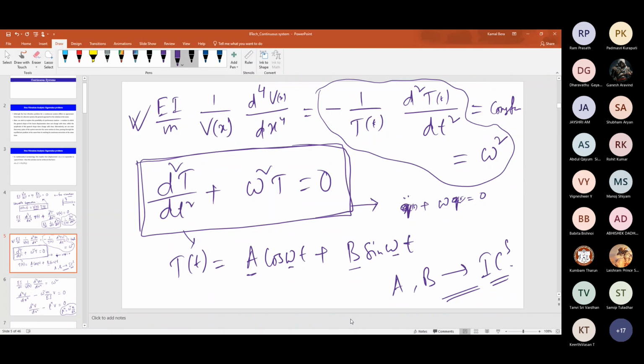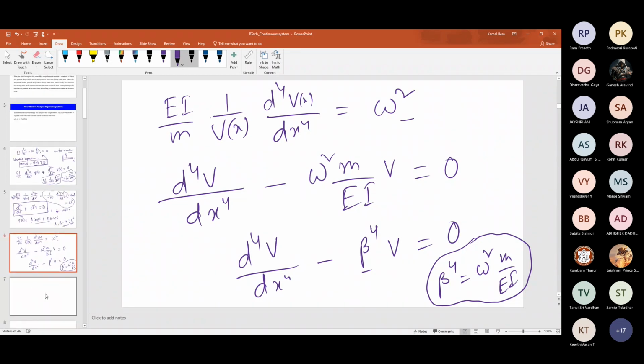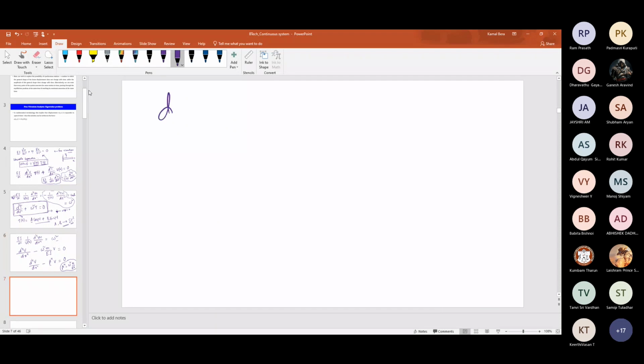So the solution for the time part is well known to us. The remaining is this thing that now we have to handle: a fourth order ordinary differential equation, d⁴V/dx⁴ minus beta 4 V equals 0, where beta 4 is omega square m by EI.